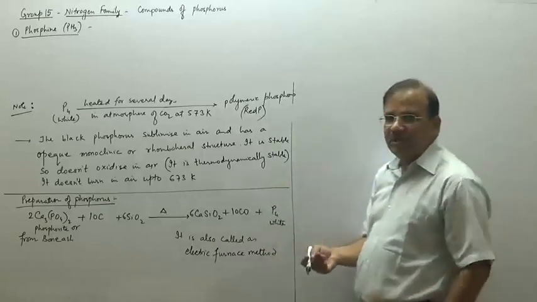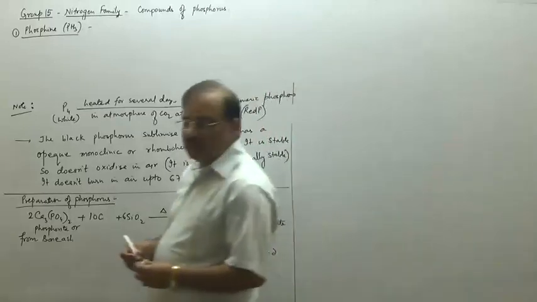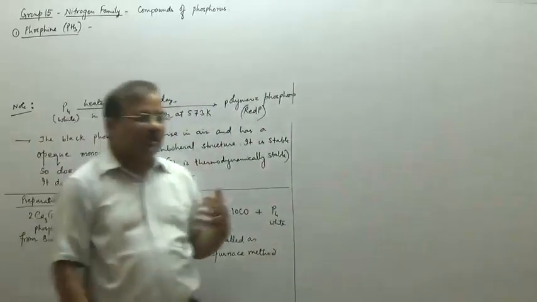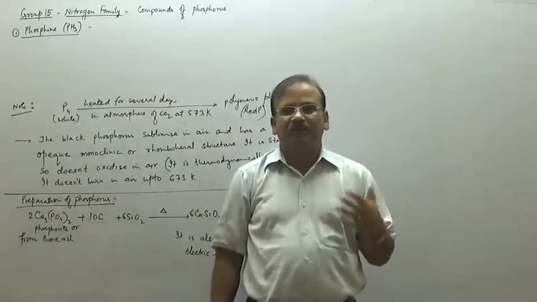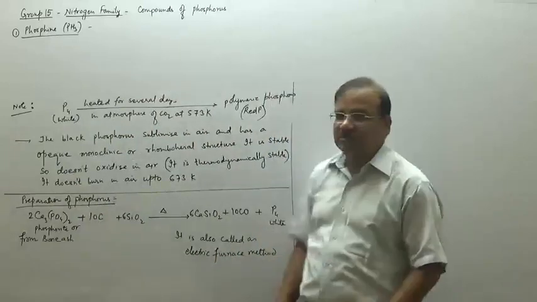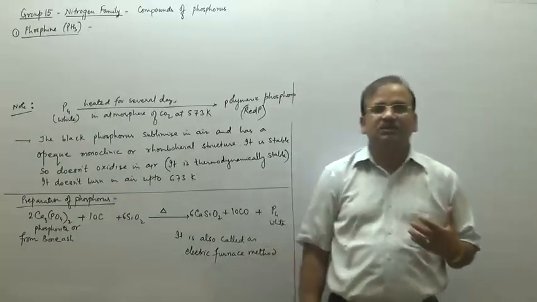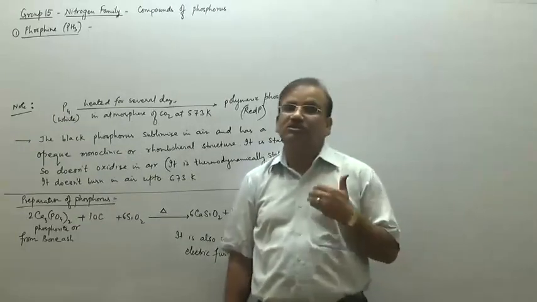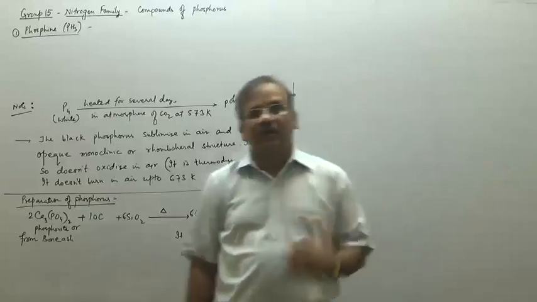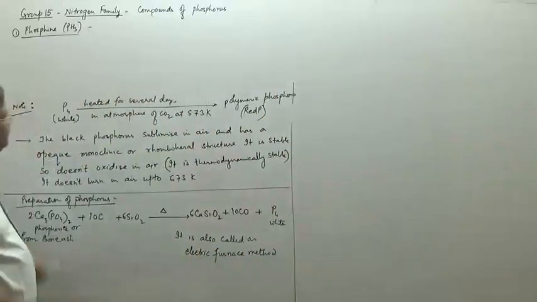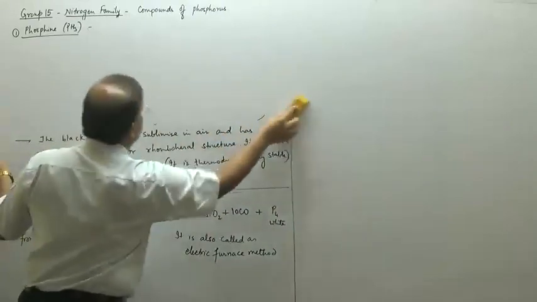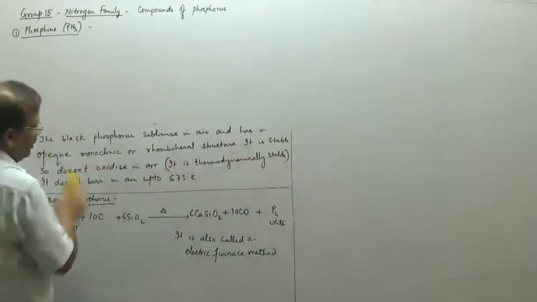In most of the reactions we discuss, unless I tell you otherwise, if we directly use phosphorus, then the reaction is with white phosphorus, because white phosphorus is highly reactive.